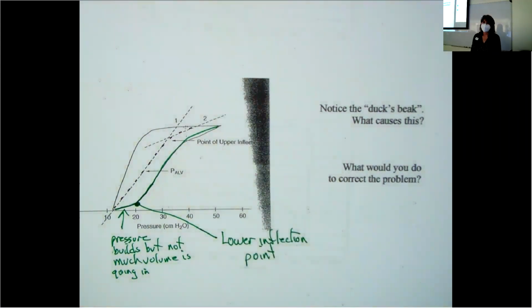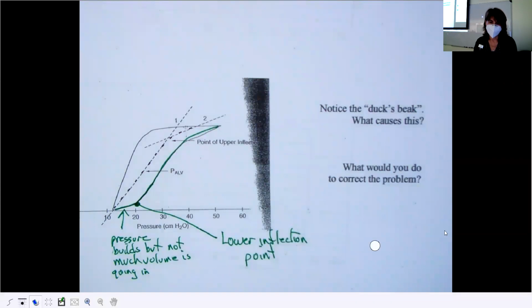So the lower inflection point is the point where the alveoli open up and now the volume can go in. All right.